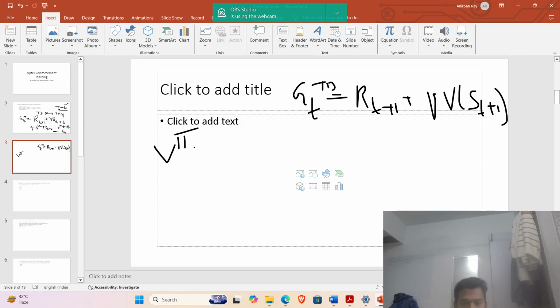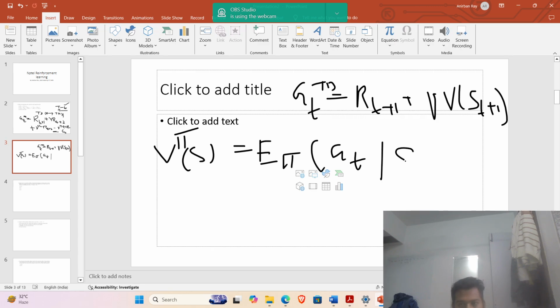The value function V_pi(s) is defined as the expectation over pi of G_t given S_t equals s. For the state s that you are at, the expected return is the value function.